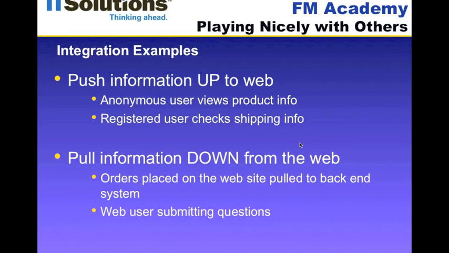Another example of this would be if someone logs into your content management site, you can show them some private information, such as their shipping information, if they want to double check on their shipping address. After that, the second example I'm going to look at will be pulling information down from a website and bringing it inside a FileMaker database.